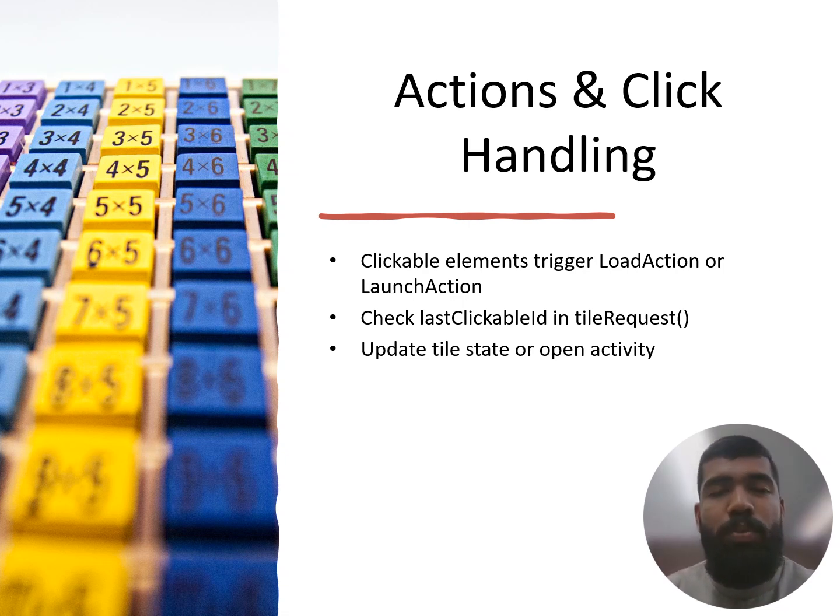The Android Studio preview lets us see the tile inside the IDE. Logcat helps us confirm lifecycle events and whether they are firing or not. Common pitfalls may include missing permissions, wrong resource IDs, or an oversized image, for example.